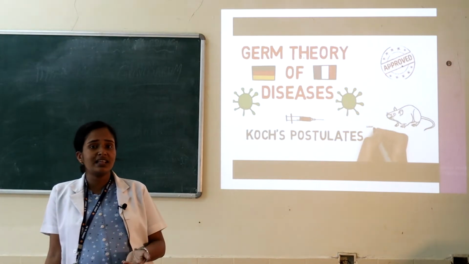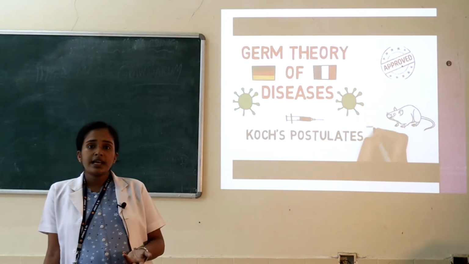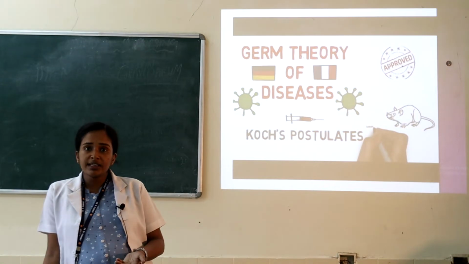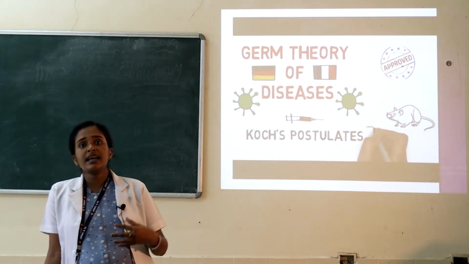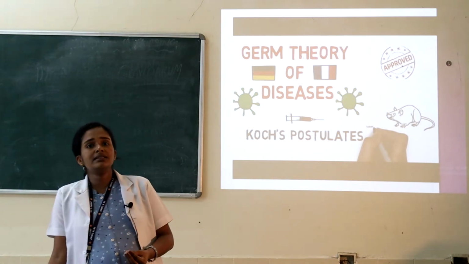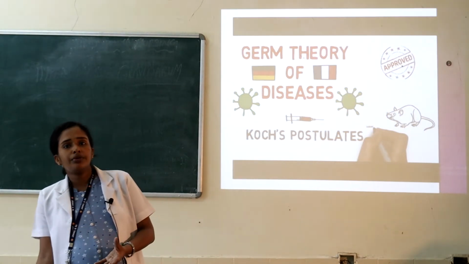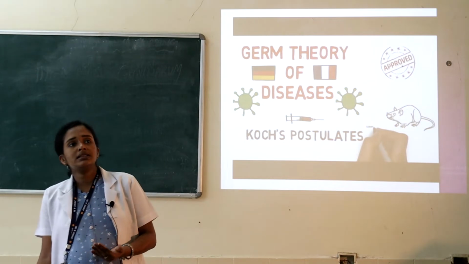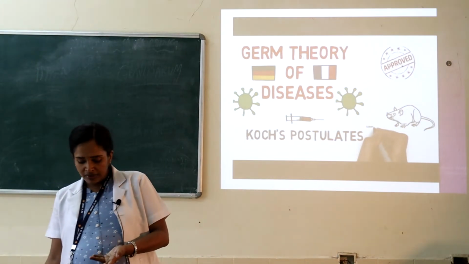Based on the scientific studies, they postulated different scientific theories, and science was given more importance. So this period is considered the golden era for medicine as well as some scientific inventions.